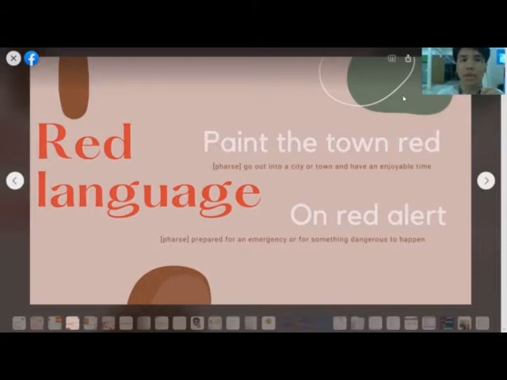Two idiom is on red alert. It means to prepare for an emergency, for something dangerous to happen. For example, the soldiers patrolling the border are on red alert.